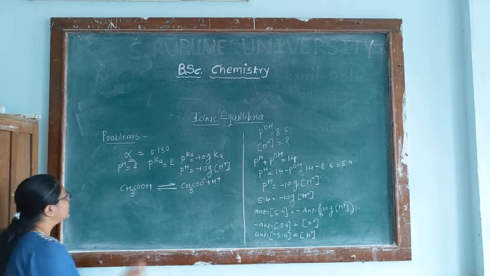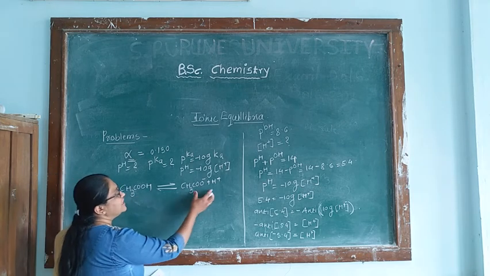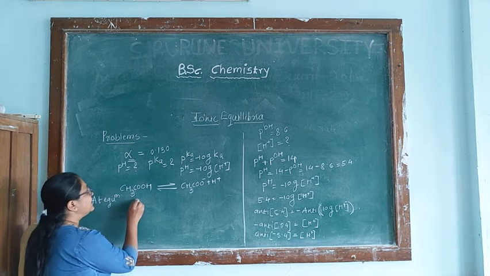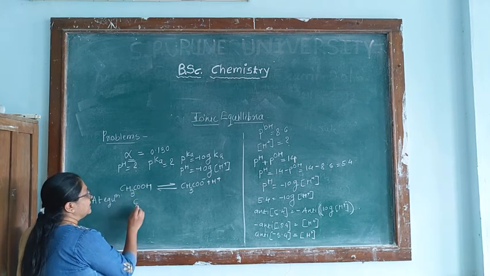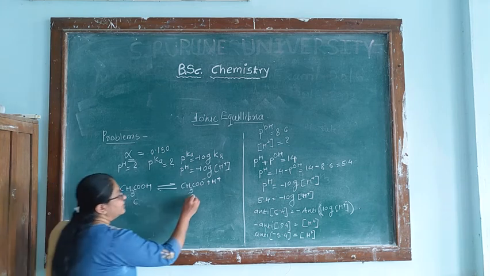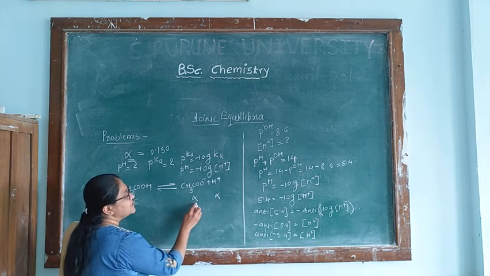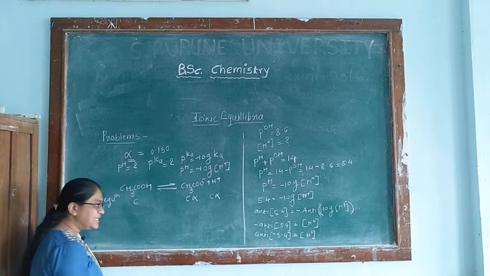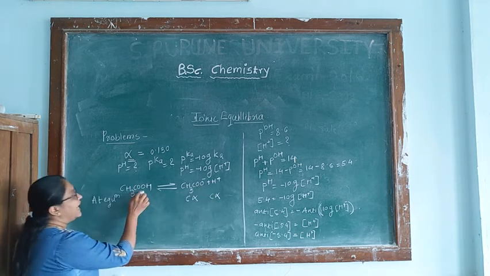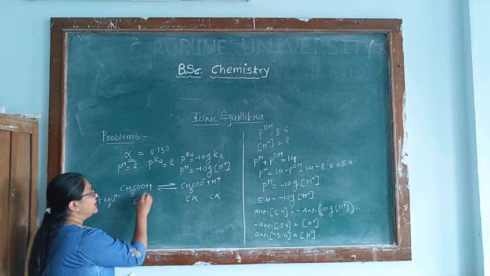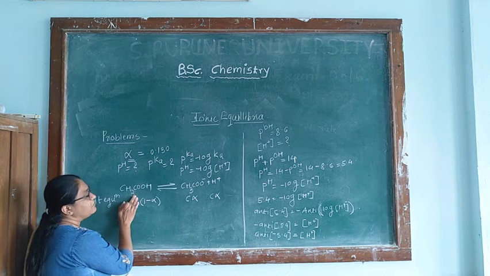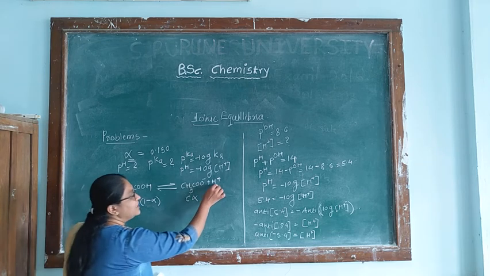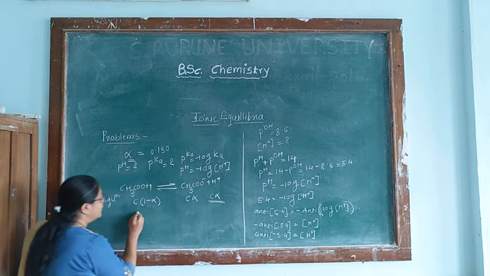Therefore, the concentrations of the undissociated and dissociated forms at equilibrium are, if we consider that the concentration of the acid is C and its degree of dissociation is alpha, then the fractions of these two ions formed are alpha and alpha, and their concentrations can be calculated by multiplying by C. So these are the equilibrium concentrations of the ions, and the fraction of the unionized form remaining at equilibrium is 1 minus alpha, and to calculate concentration we multiply it by C. We want to calculate the concentration of H plus, so we will use the formula C alpha.